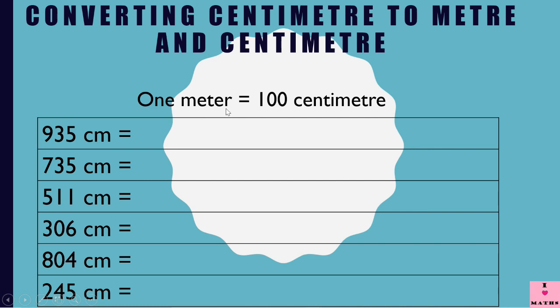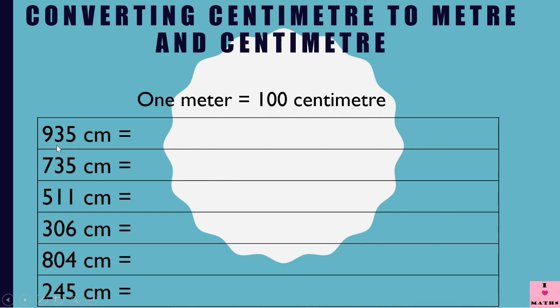1 meter is equal to 100 centimeters. It means when 100 centimeters are there, 1 meter is formed. So 2 meters is 200 centimeters, 3 meters is 300 centimeters, 4 meters is 400 centimeters, and so on.